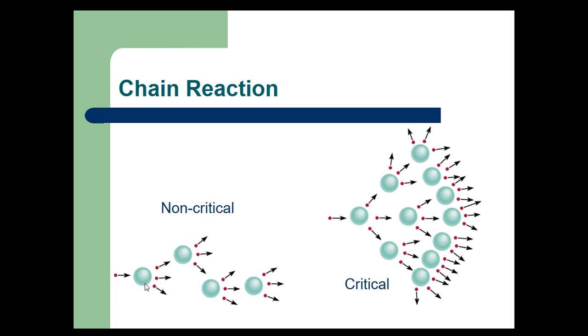We have a neutron hitting a nucleus. It's producing more neutrons, but then they run out of nuclei to then hit, so the reaction kind of fizzles out. If we have enough nuclei present, each one of those released neutrons has another nucleus to hit, and you have a self-sustaining chain reaction.